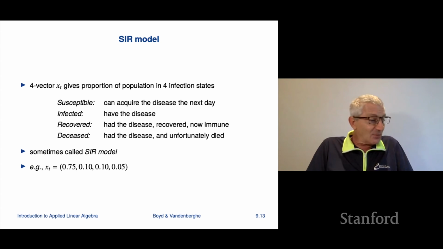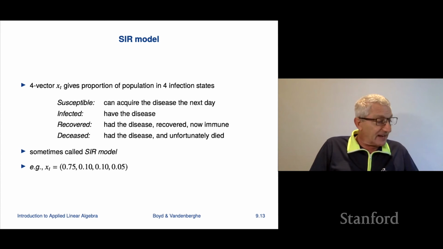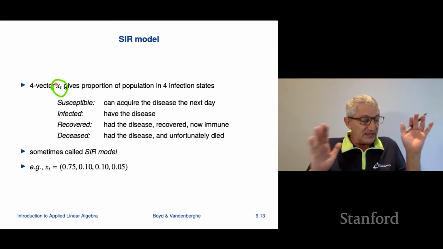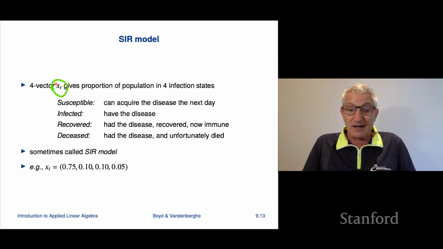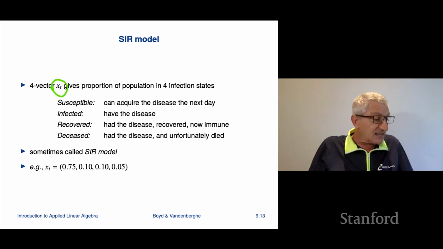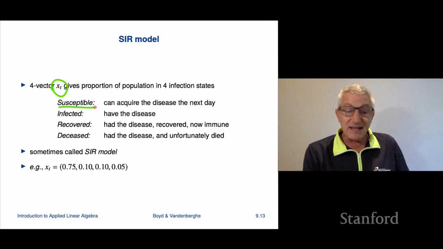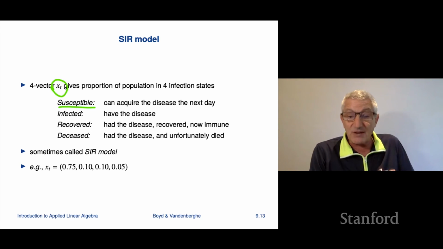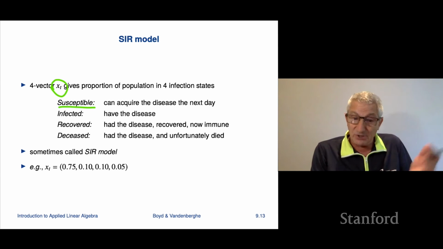It's called the SIR model, and your state is a vector. It's got 4 entries, and that's it. They are the proportion of a population which is susceptible. That means you don't have immunity, and you're not dead.